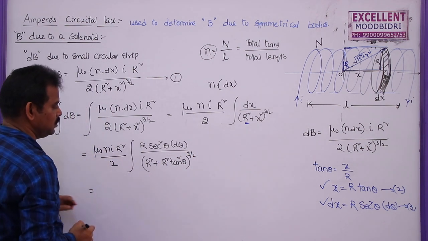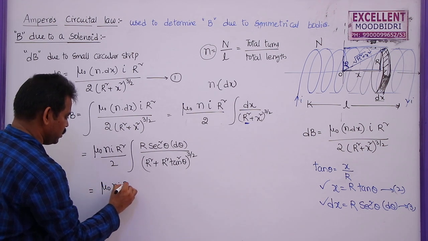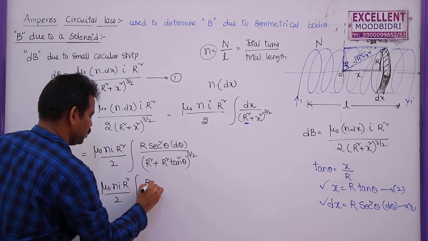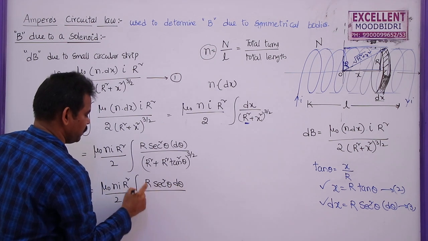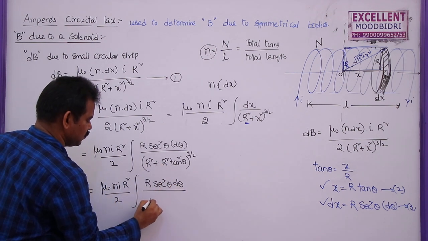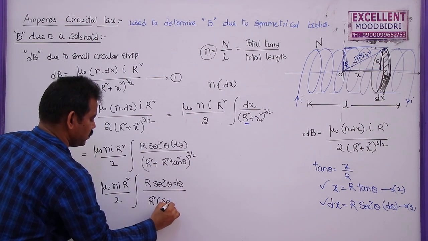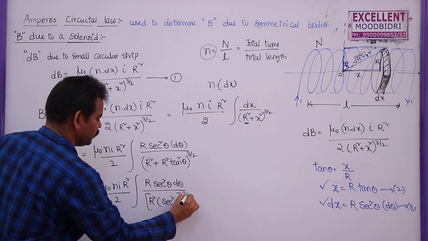So you can simplify this one as mu naught n I r square by 2 integral r secant square theta d theta by r square common. You can take r square common, 1 plus tan square theta, directly I am writing it as secant square theta whole power 3 by 2.